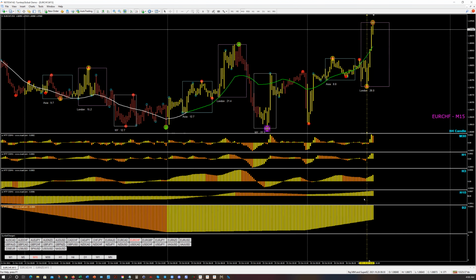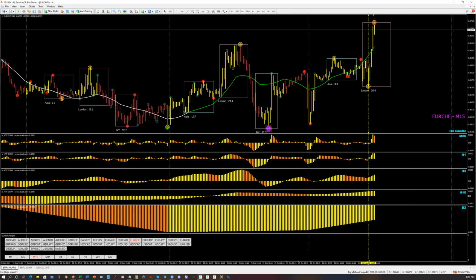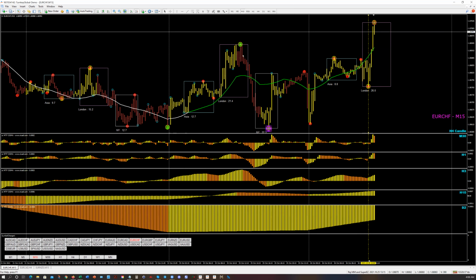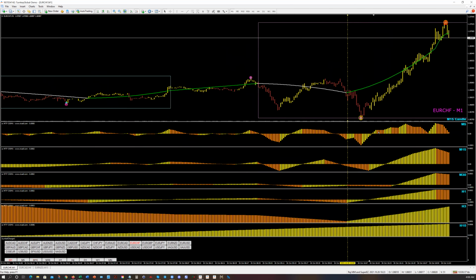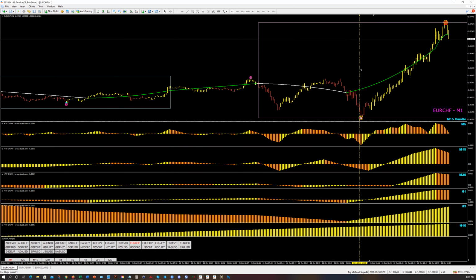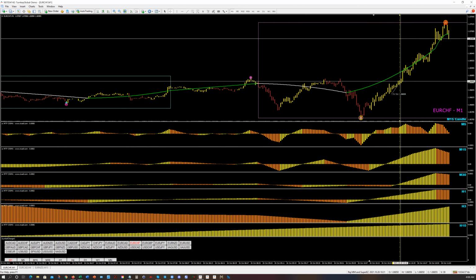Looking for an entry. Don't get an entry till here, correct? Stop loss 9 pips, which is good. And make 15 pips.